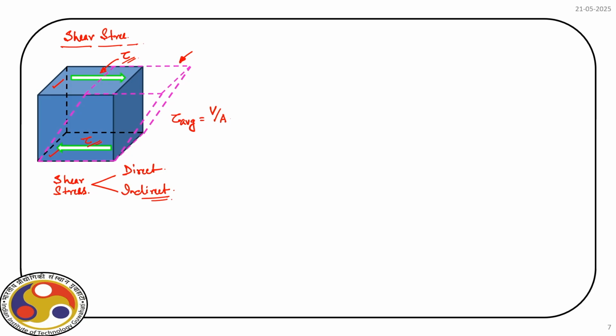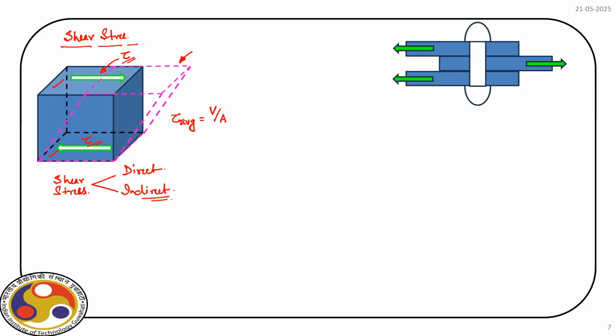Now, let us take a different example. So, here you can see we have three plates which are connected by this rivet. We apply some force here, say we apply a force P1 and then here P2, P2.